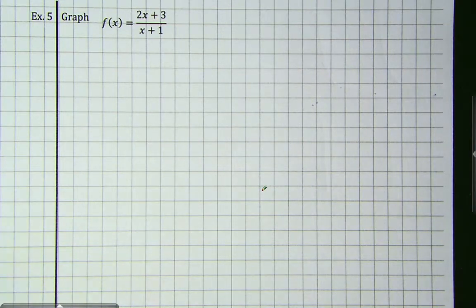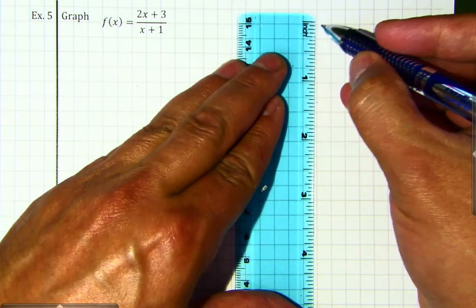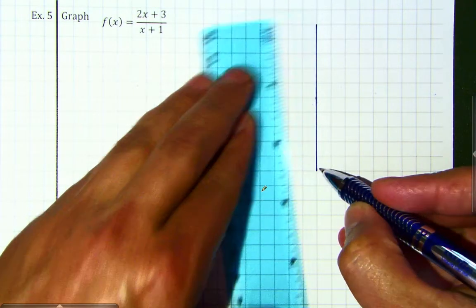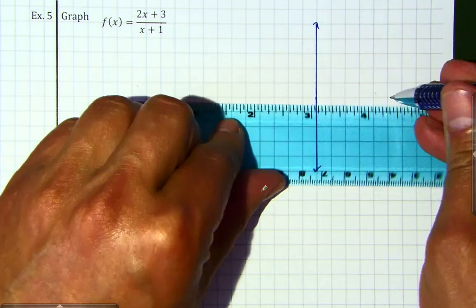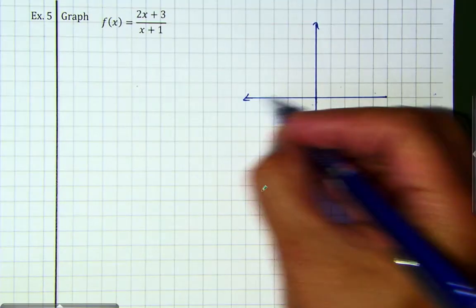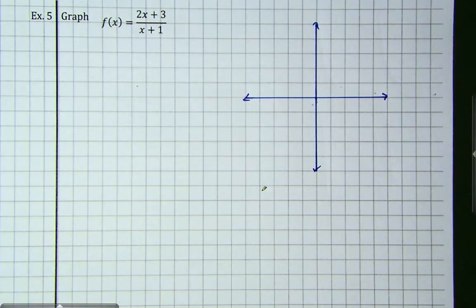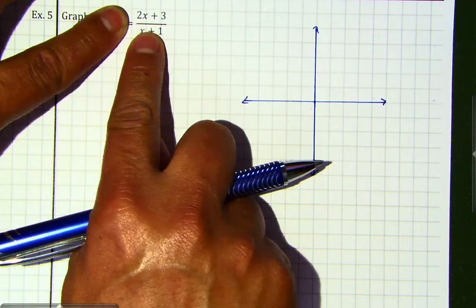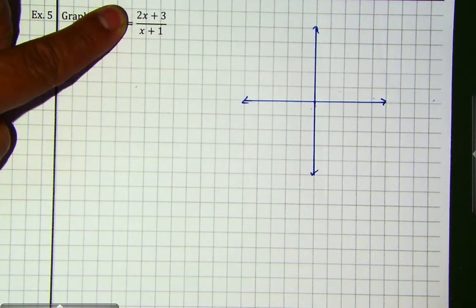So first, let's make a 5 by 5 graph. I need to be able to decide if I can simplify. So if we can simplify, we should simplify first. I notice that I cannot simplify in this case, correct?